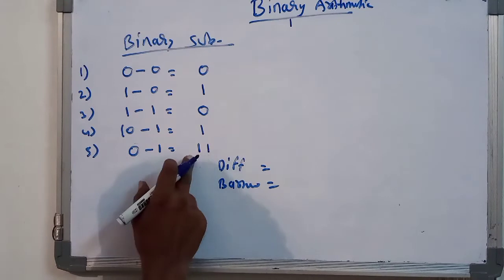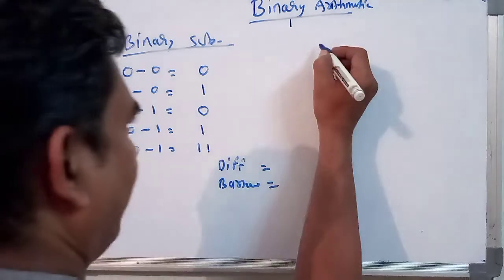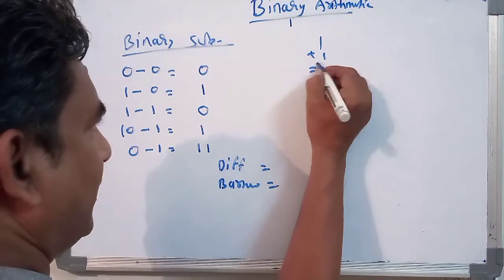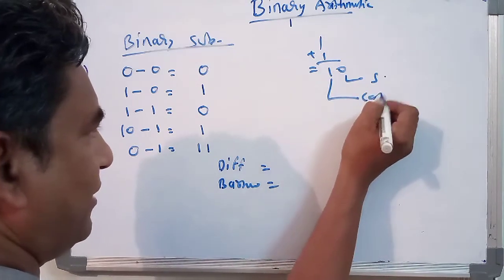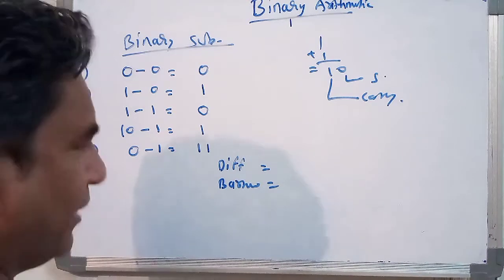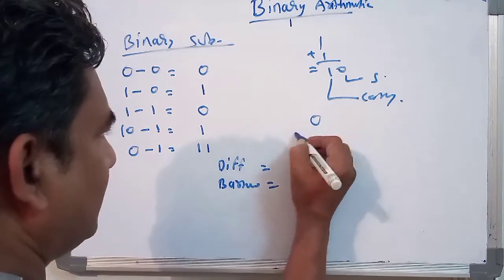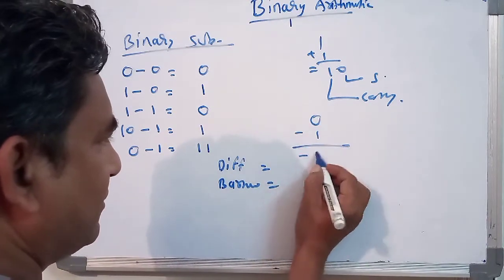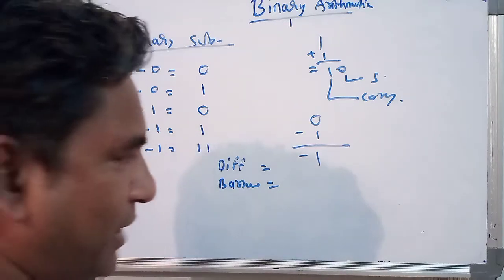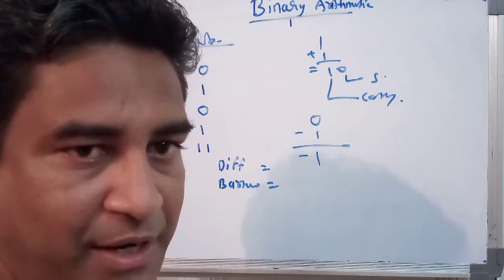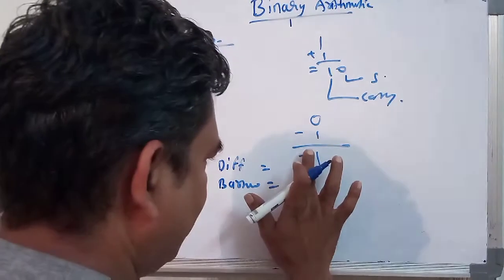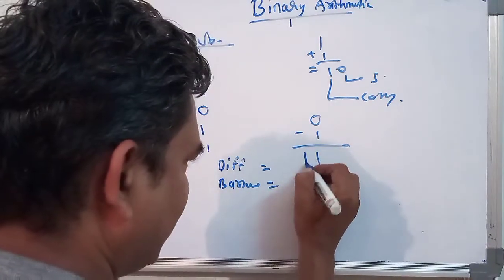So the difference and the borrow: when we add 1 plus 1, you get the answer 10. This was considered as a sum and this was considered as a carry. In the same way, if you get 0 minus 1, then the answer is minus 1. But as I told you, a computer does not have any facility of writing the minus sign. So instead of writing the minus, you have to write this as a 1.